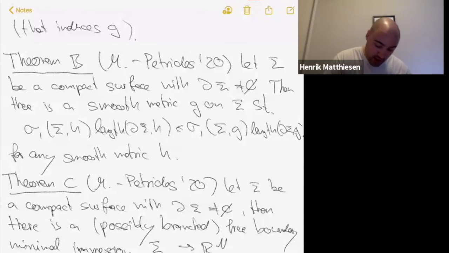Then there was work by Folha, Pacard, and Zolotareva, which uses singular gluing or perturbation or desingularization techniques, meaning there's some effective version of the implicit function theorem involved.